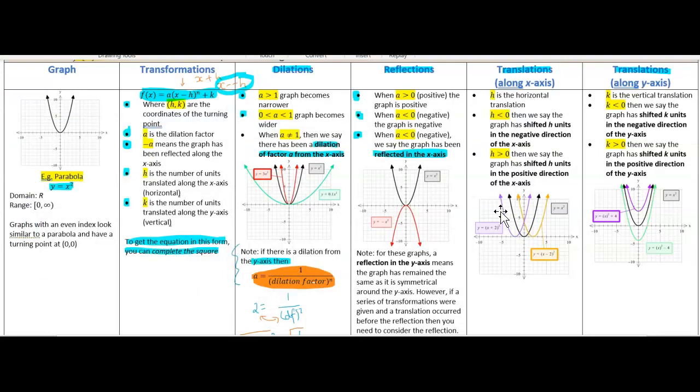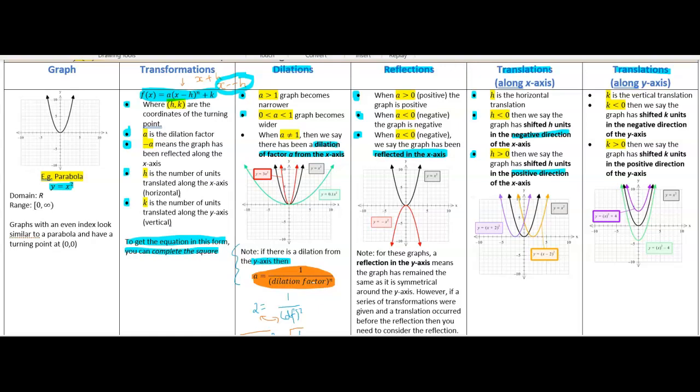Translation, so moving along the x-axis. I could probably move quickly through this. Just remember your value of h. When h is less than 0, it's gone in the negative direction, and when h is greater than 0, it's in the positive direction. So just don't get confused with your negatives.